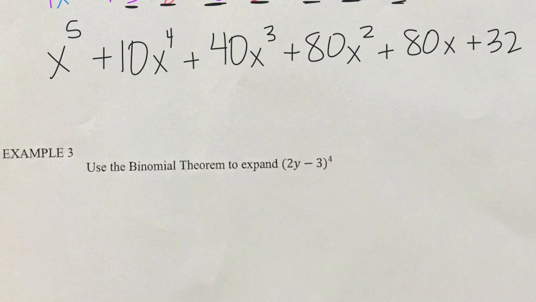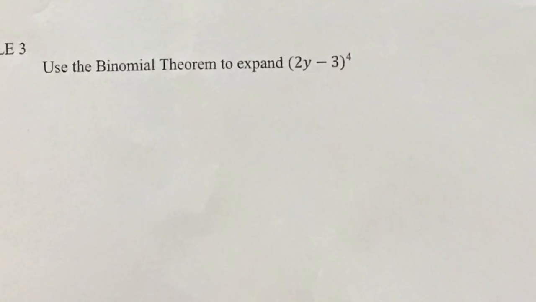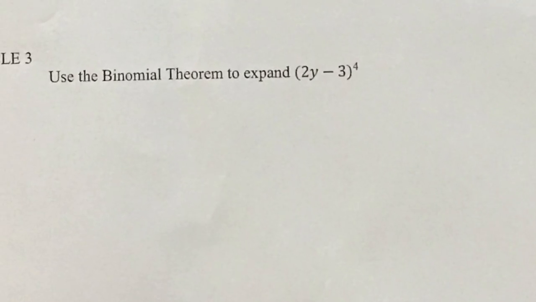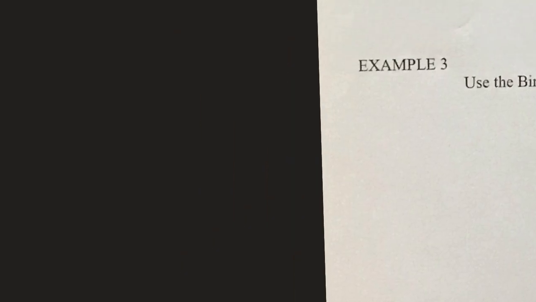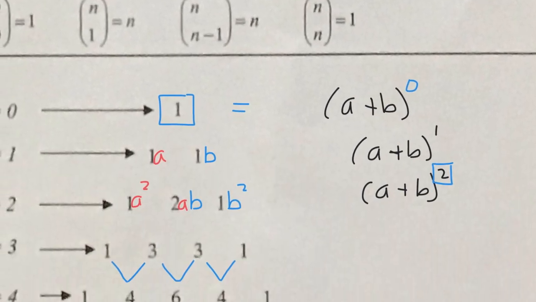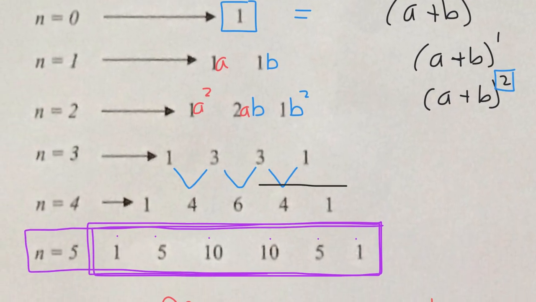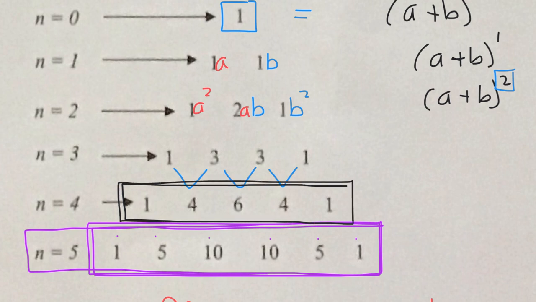So let's use that pattern to do this one. 2y plus 3 to the 4th power. So how many terms are there going to be? 5 terms. There's always one more term than there is power. So coming over here to our Pascal's triangle, the 4th row, we have 1, 4, 6, 4, 1. These are the coefficients of each of your terms.